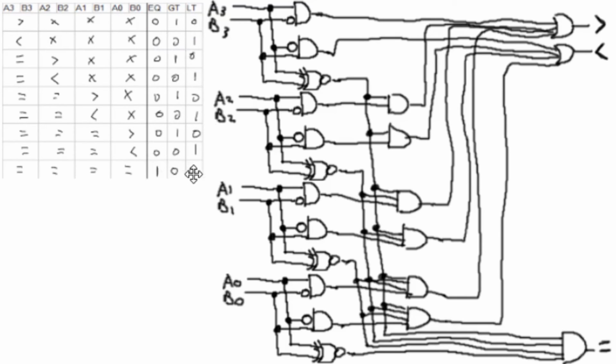And when it's equal, of course, you're definitely not going to be getting less than or greater than. You can see there's only one condition where that's true, and the other two outputs are off. So really all you need is just two of those outputs, and you can derive the third. Because if one of them is always going to be on, and the other two outputs are off, then it must mean that the third is on.